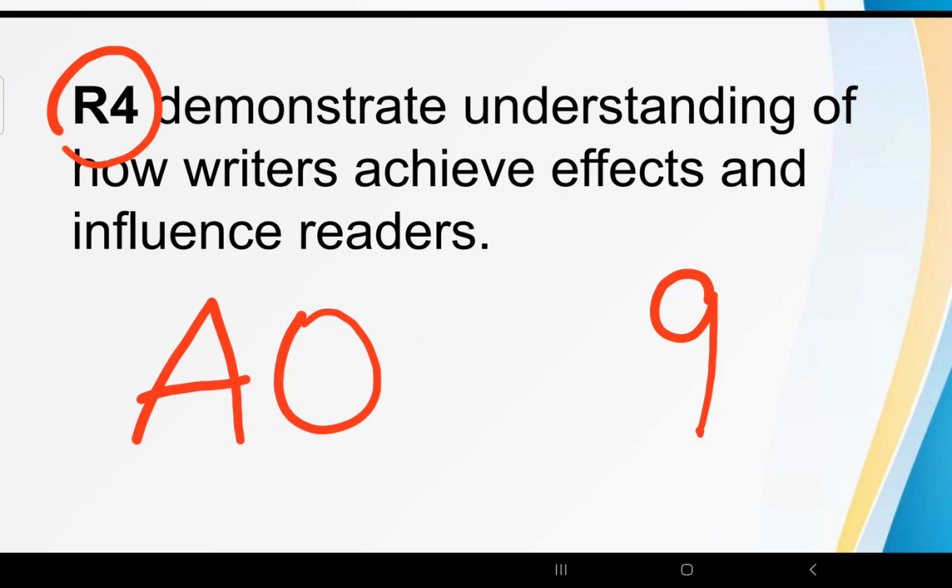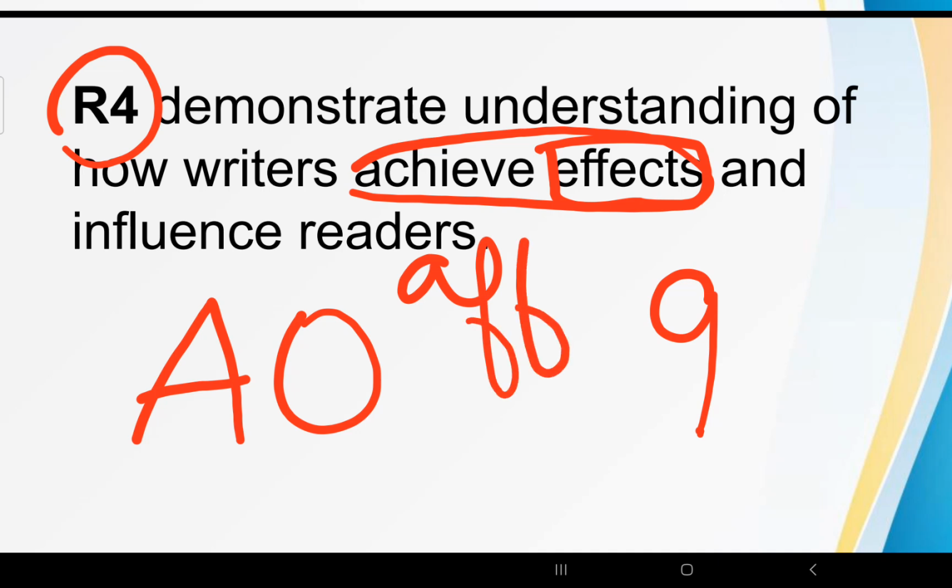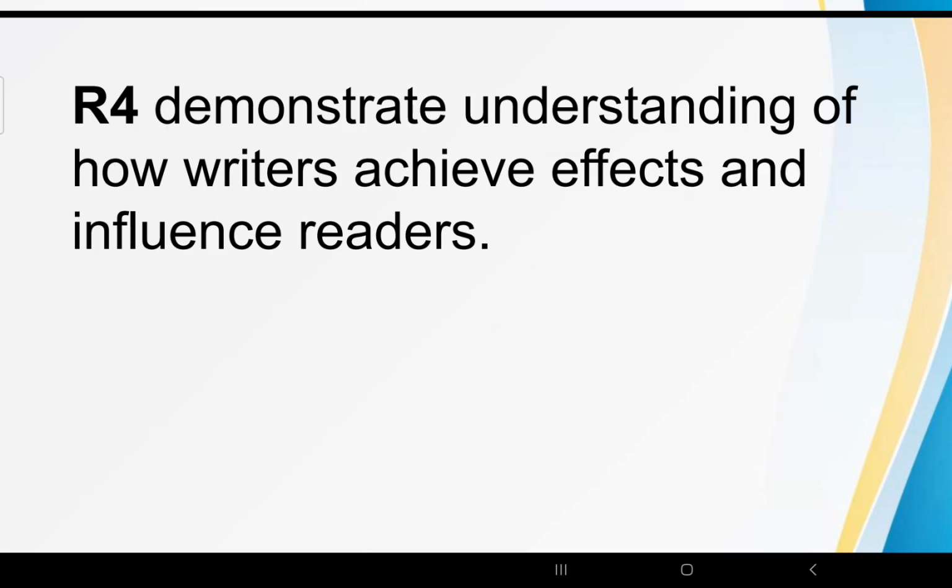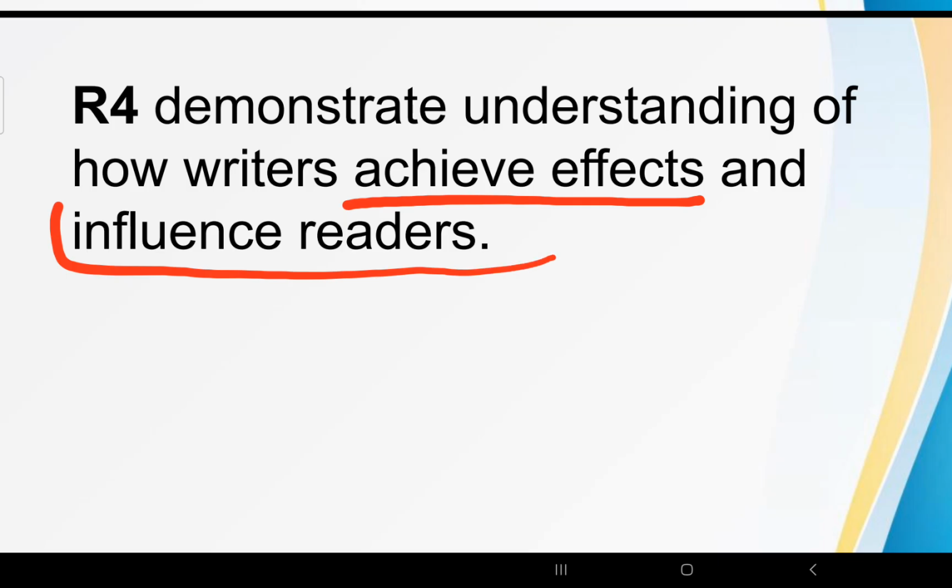And what is R4? Demonstrate understanding of how writers achieve effects. Here we have the word effect, and this is a noun. When we have this word with an a, effect, this is a verb. So basically we want to show that we understand how the writer is using that language, and how he is influencing and affecting the readers.